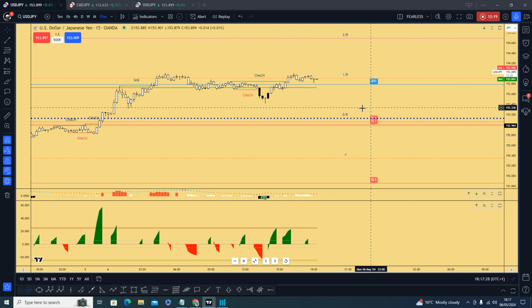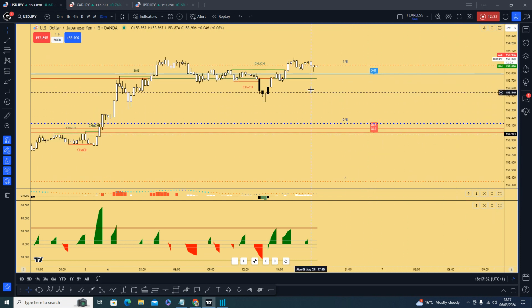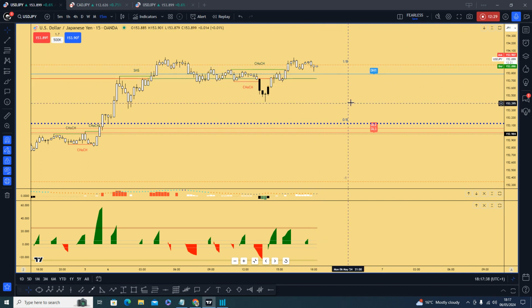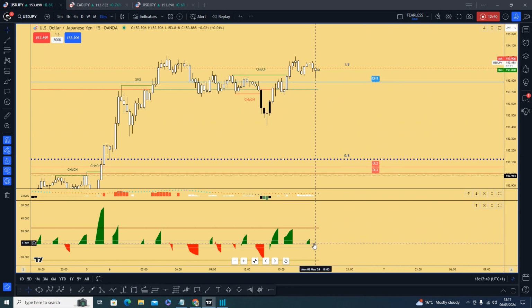This is the reason we always say don't jump the gun. Okay, there's a reason we keep mentioning this concept. This here was a candle that printed the red VMP.